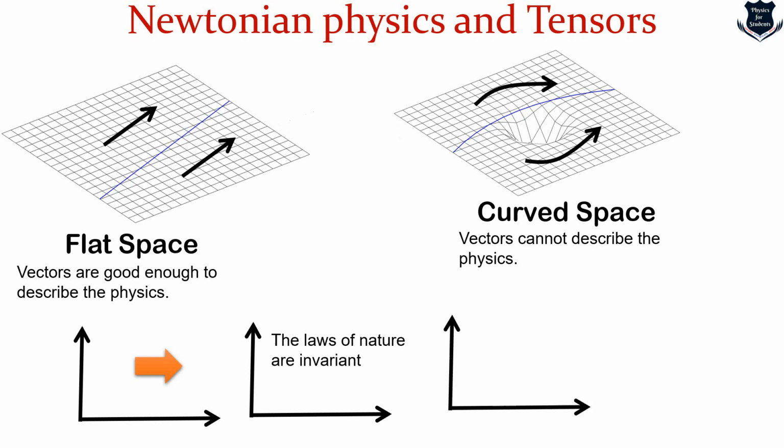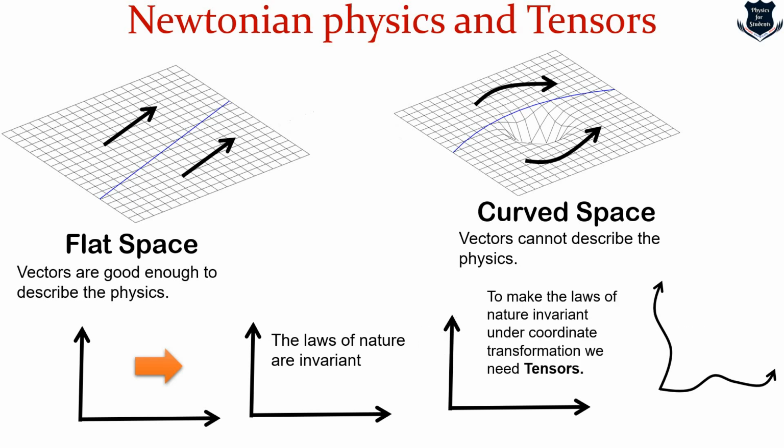But when, from flat space-time, using general relativity, I take this kind of curvy space-time, then we need tensors, because the laws of nature won't be invariant. But the postulate of general relativity tells that the laws of nature should be invariant, and that is why we use tensors.